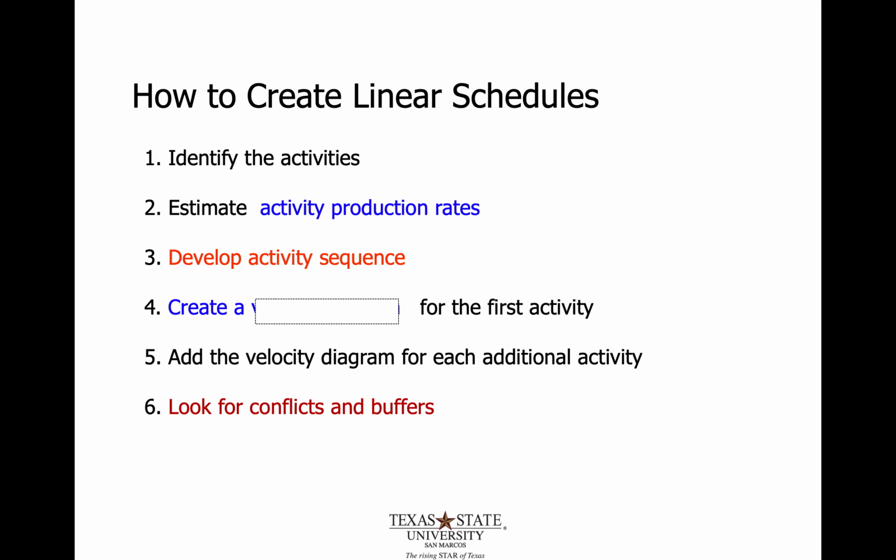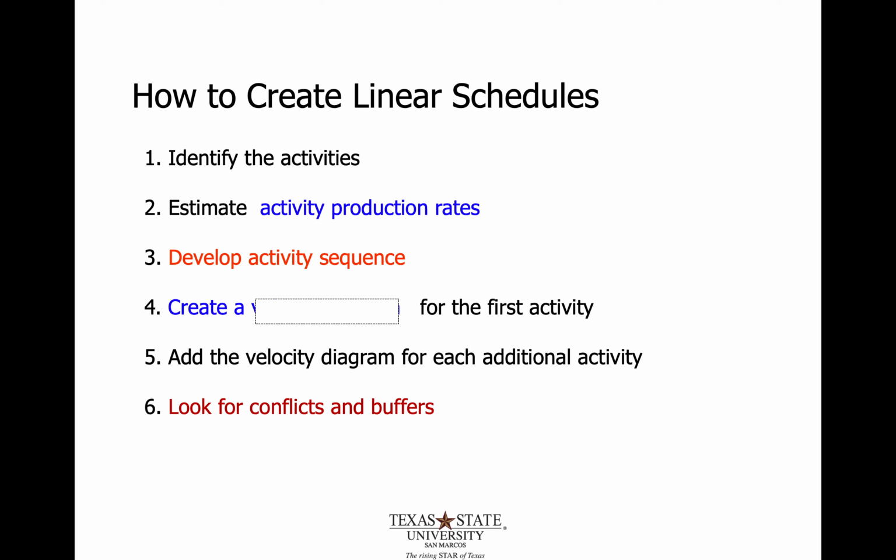The second thing is to estimate the activity production rate. This is very similar to the CPM type schedule, where you estimate and determine the duration of each individual activity, but instead we're determining the rate of each individual activity. In a conventional lecture, when I teach this, I usually ask students to give examples of rates.